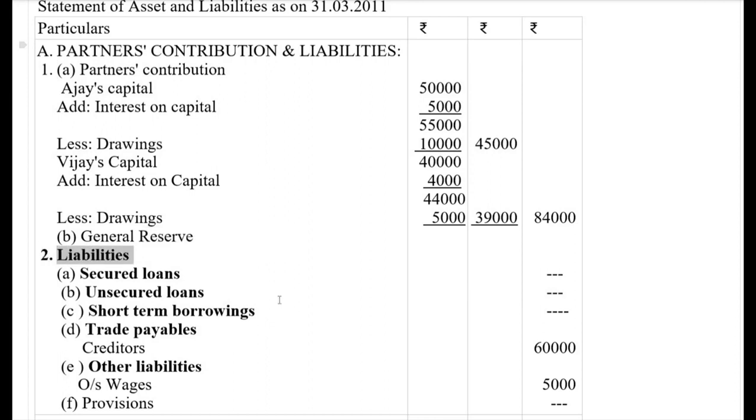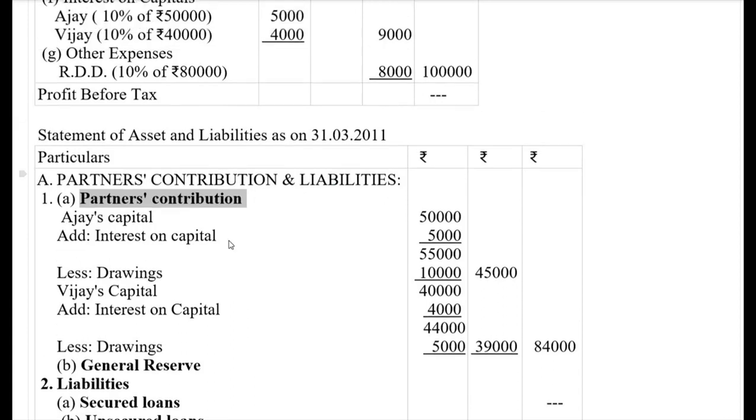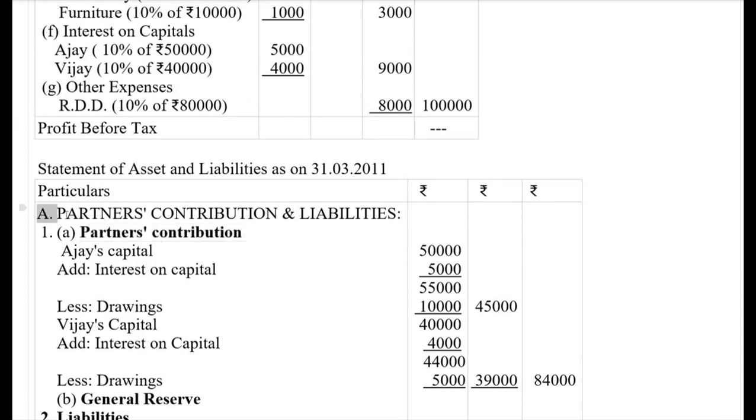So in this problem we have not arrived at any profit or loss here, so that's why we have got only the profit before tax, that's all here. So as it itself is 0, there is no question of payment of any tax by the LLP.